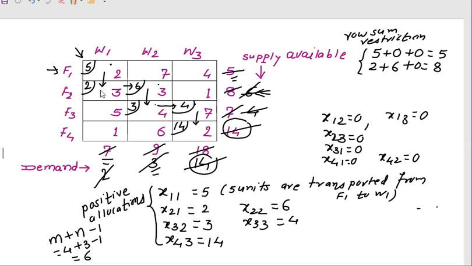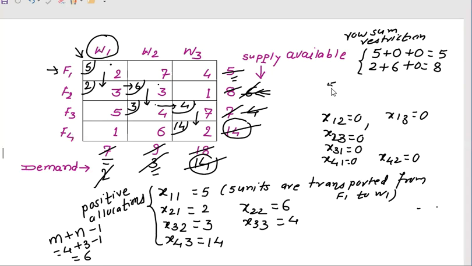Similarly, the column sum restrictions are also satisfied. So what is the column sum restriction? The total quantity of goods received at W1: 5 units are received from F1, 2 units from F2, 0 units from F3 and 0 units from F4.